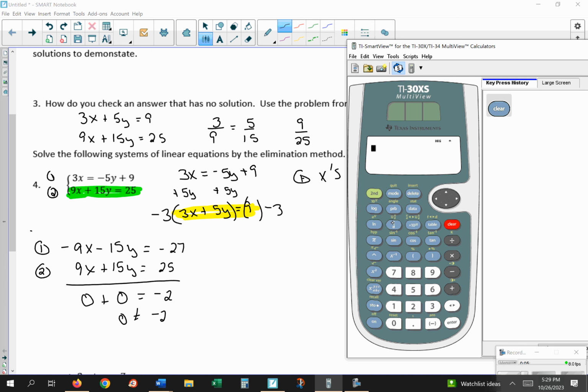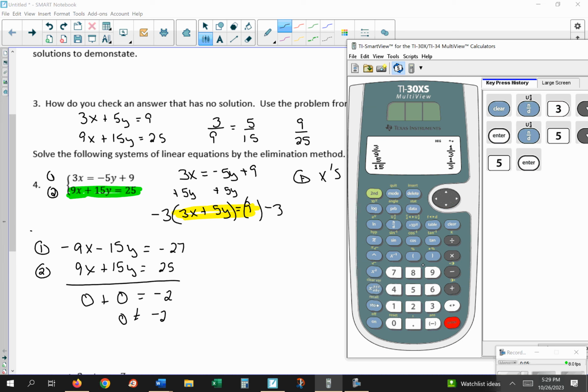Okay, so fraction 3 over 9 simplifies to 1/3. Fraction 5 over 15 simplifies to 1/3, and fraction 9 over 25 does not simplify to 1/3.